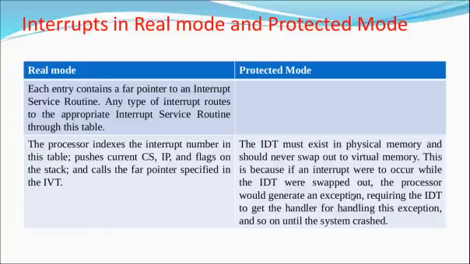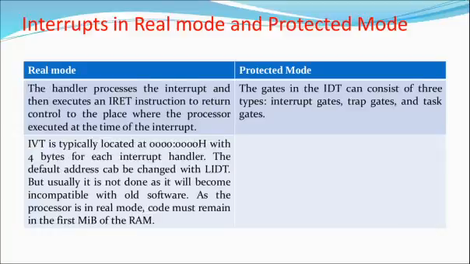So if the IDT is swapped to virtual memory, the processor will point to the physical memory but not to the virtual memory, and it is not able to call the ISR to handle that exception, and as no exception handler is there, the system will crash. So there is a difference in handling the interrupt.